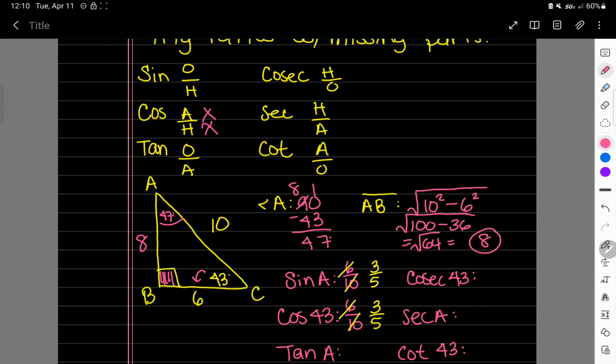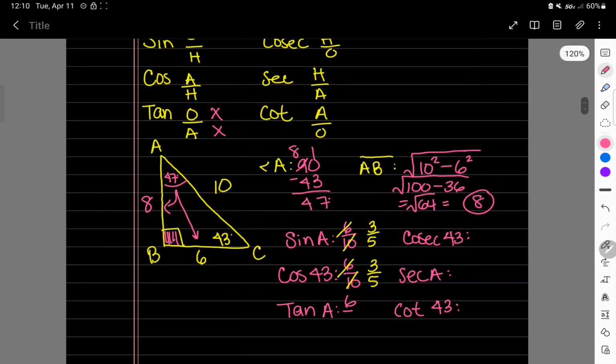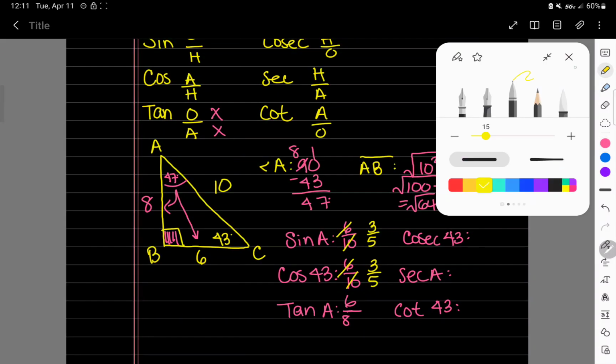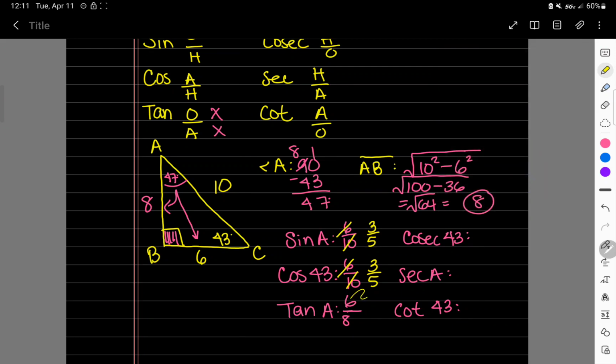Tangent of A, tangent is opposite over adjacent for A. So opposite is 6 over adjacent is 8. 6 over 8 can be reduced with 2, which becomes 3 over 4.